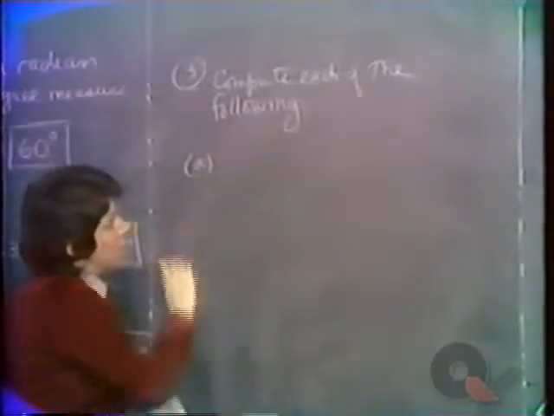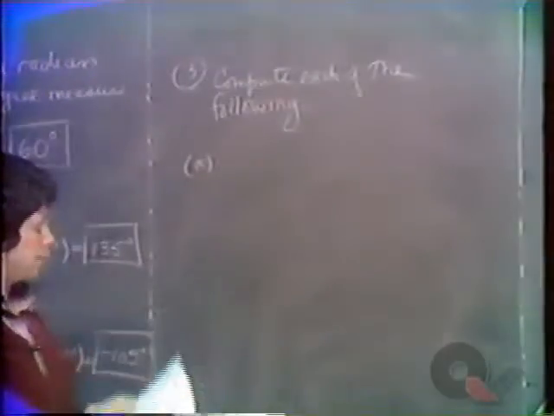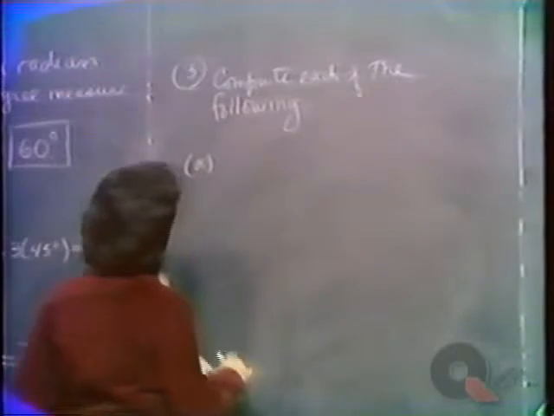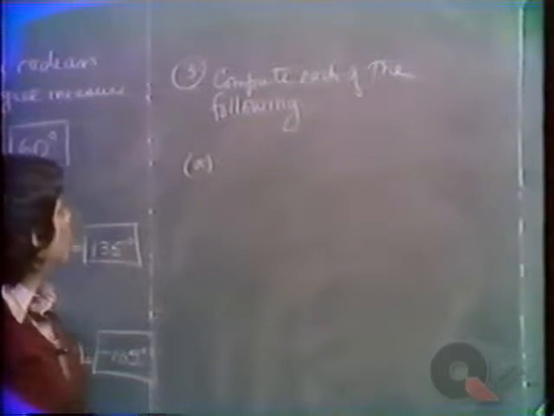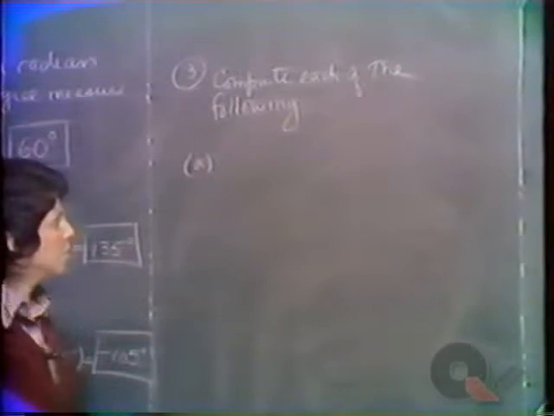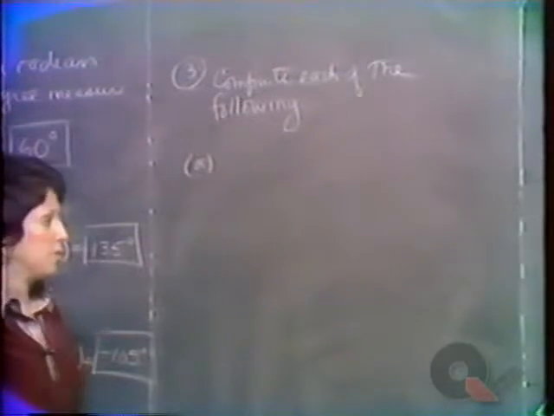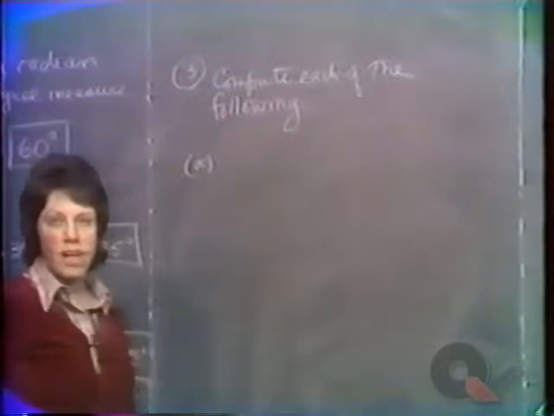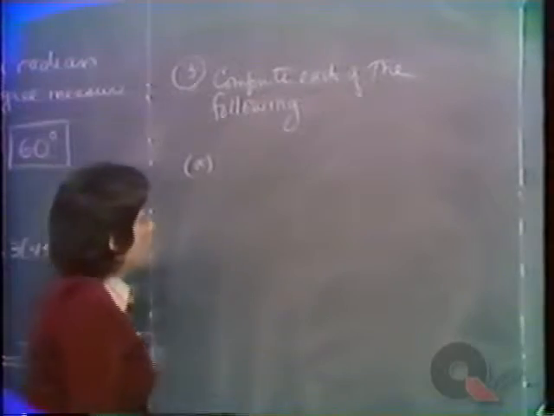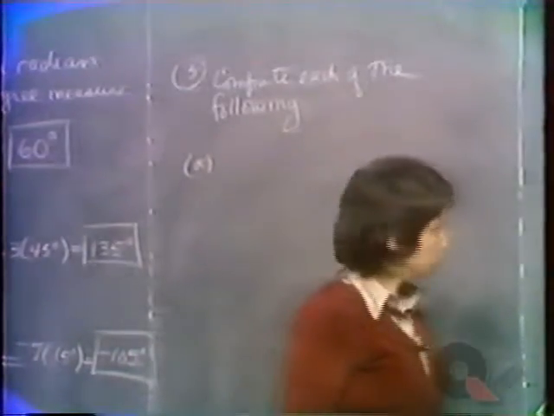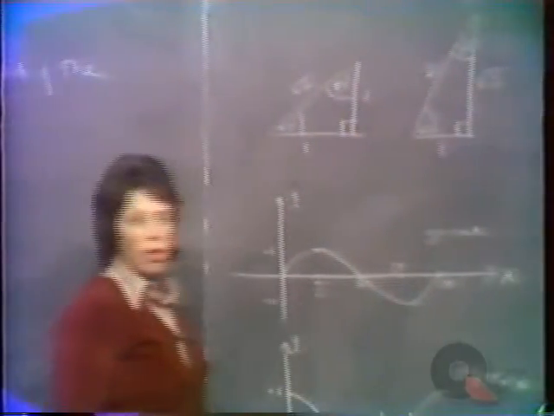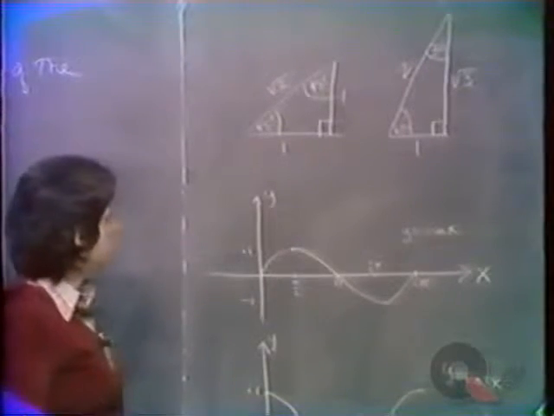And I'm going to be giving you trig functions of certain basic angles. It is expected that you can figure out all of the answers in problem 3 without actually using a trig table, making use of basic triangles and the graphs of the trig functions. Okay, just want to have you recall what you learned in our trig videotapes.